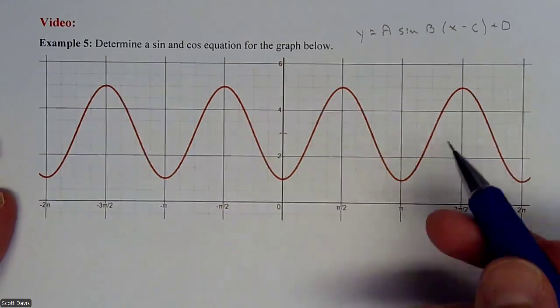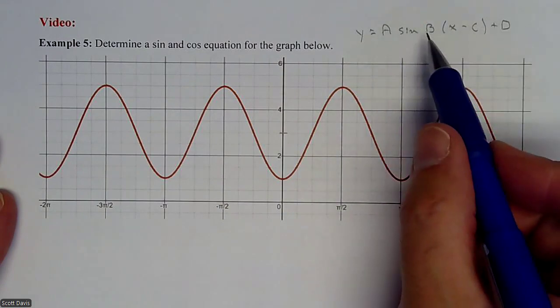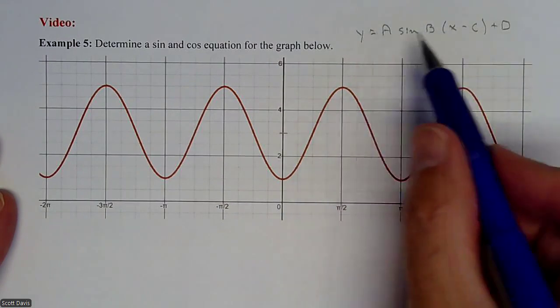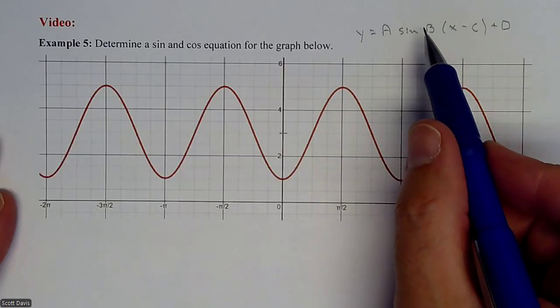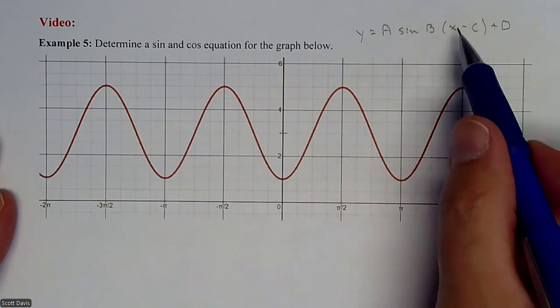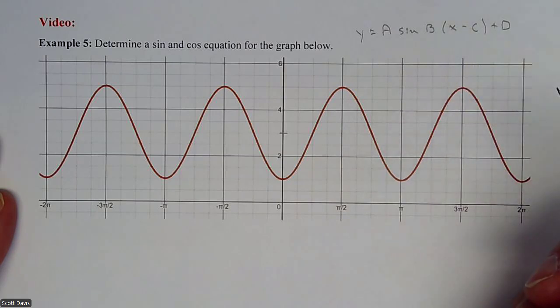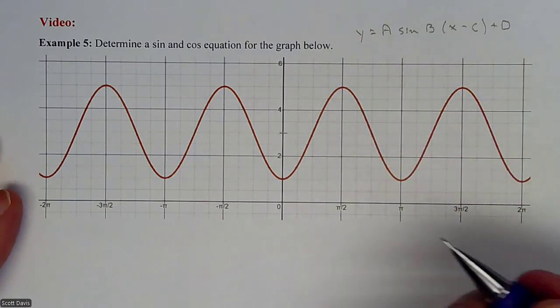All of them are going to have the same amplitude and the same midline. The horizontal piece will be the same because that affects our period. The only thing that's going to be different on every one of these is what kind of a phase shift we have going on. So let's start putting together the pieces.